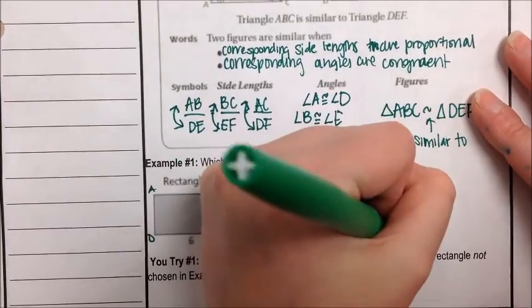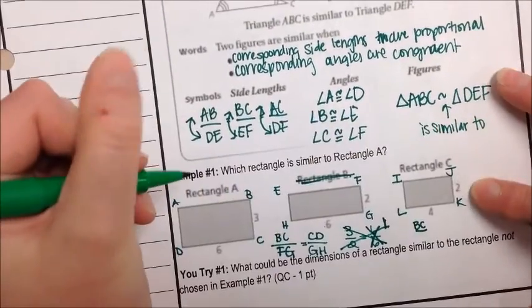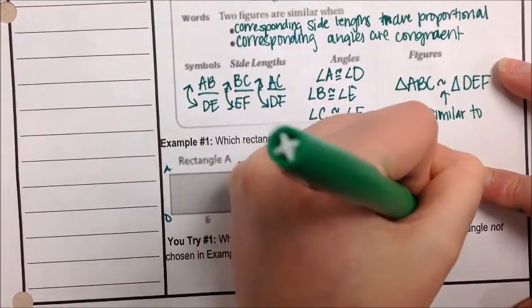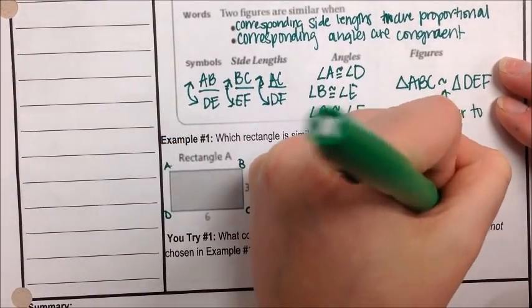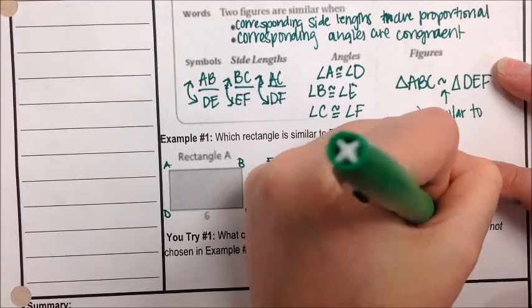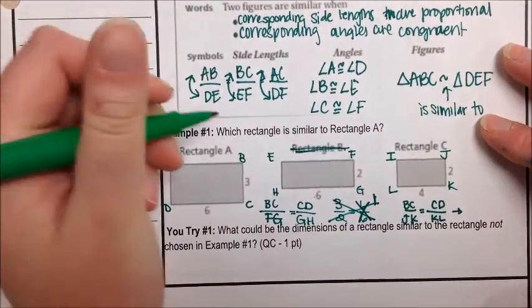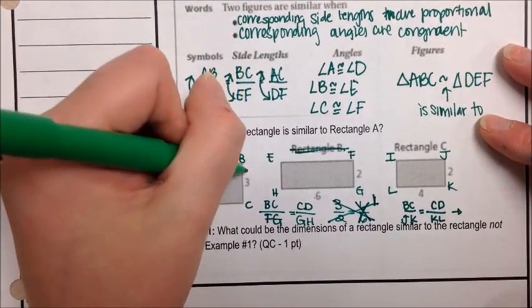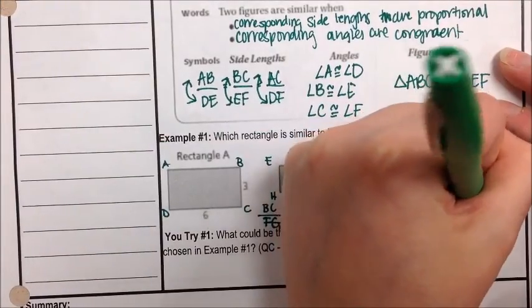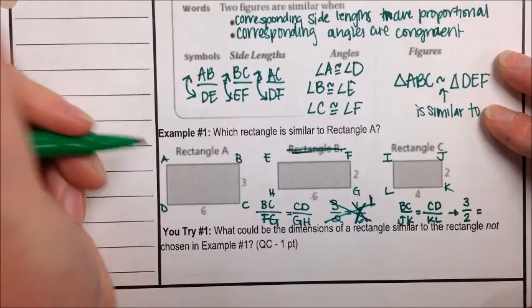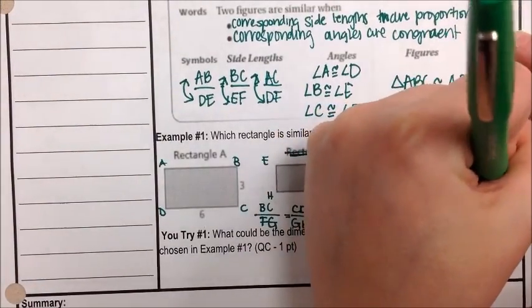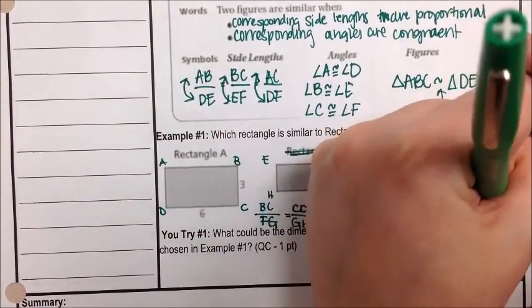This time, BC divided by JK should be equal to CD divided by KL. So BC is 3, JK is 2. It should be equal to CD, which is 6, over KL, which is 4.